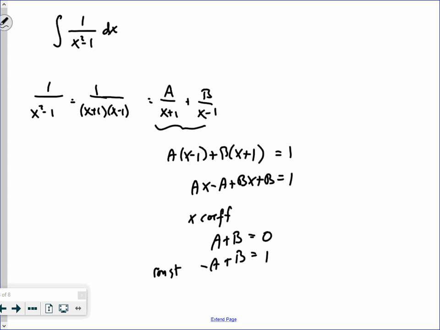These things solve. Fortunately, you just add them straight up. The a's go away. So you get b is 1/2, and what's a? I'd look at the top equation, I guess. If you look at the top equation here, a is negative 1/2.